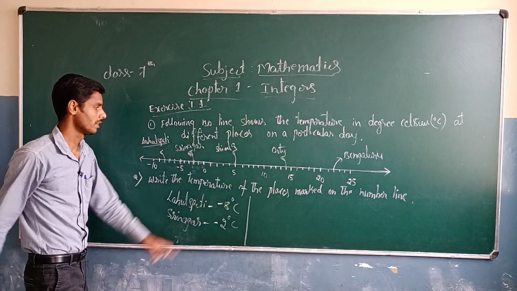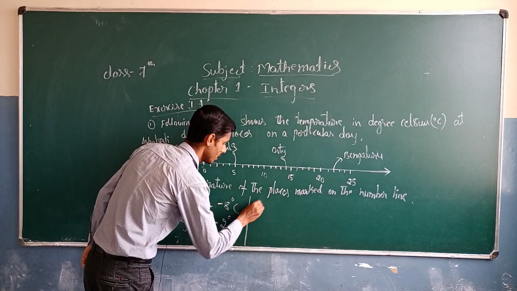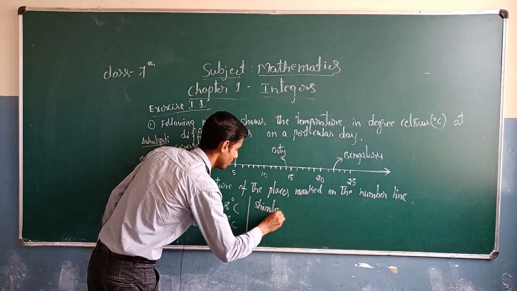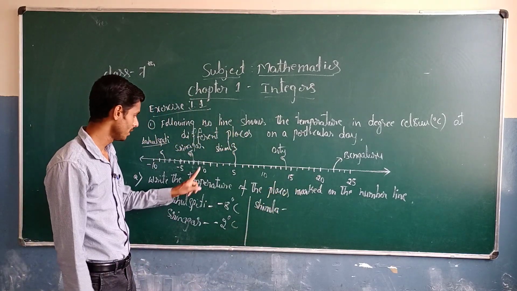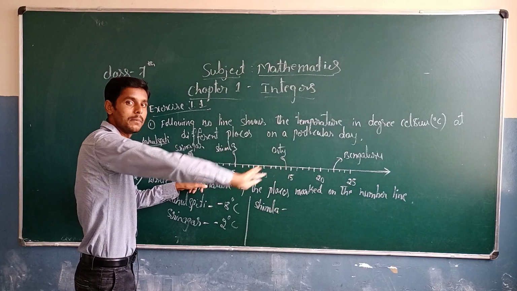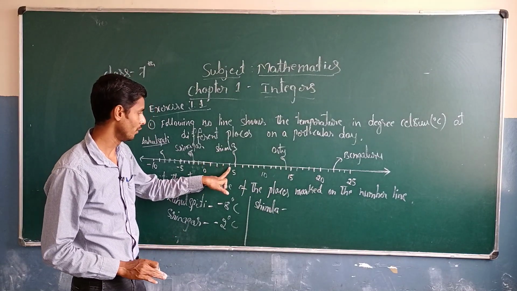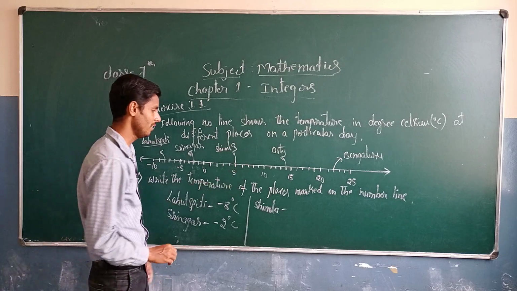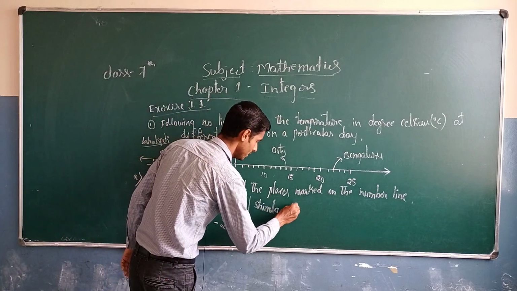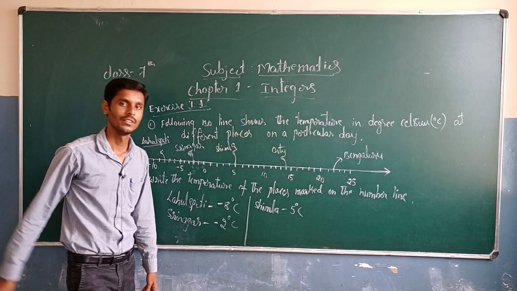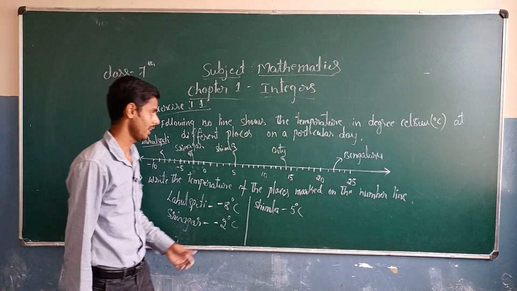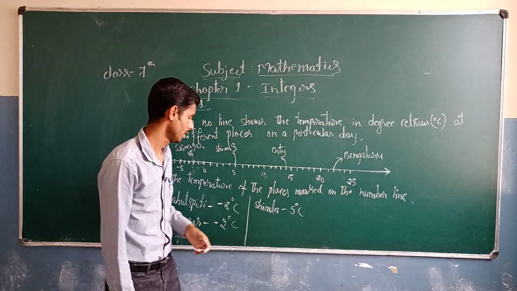Next, Shimla. What is the temperature of Shimla? From 0 to the right side, positive values. It is 1, 2, 3, 4, 5. Here we have 5 degrees Celsius.